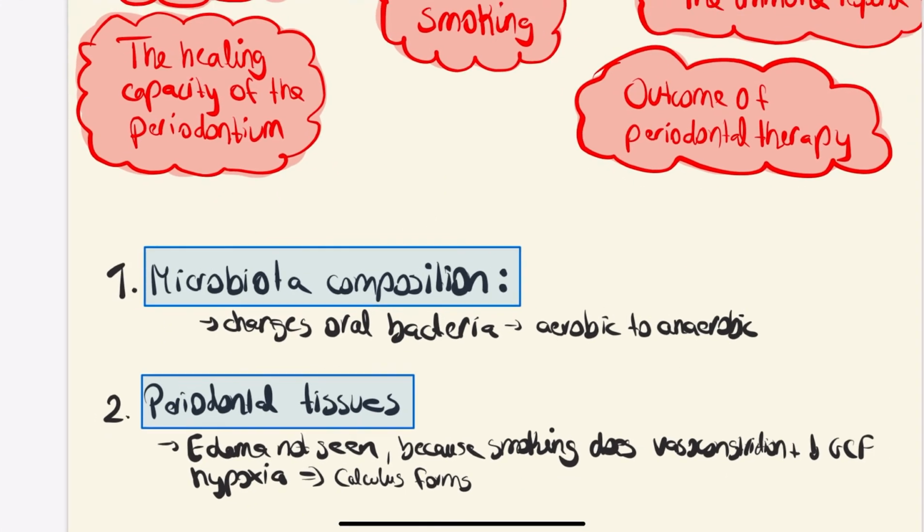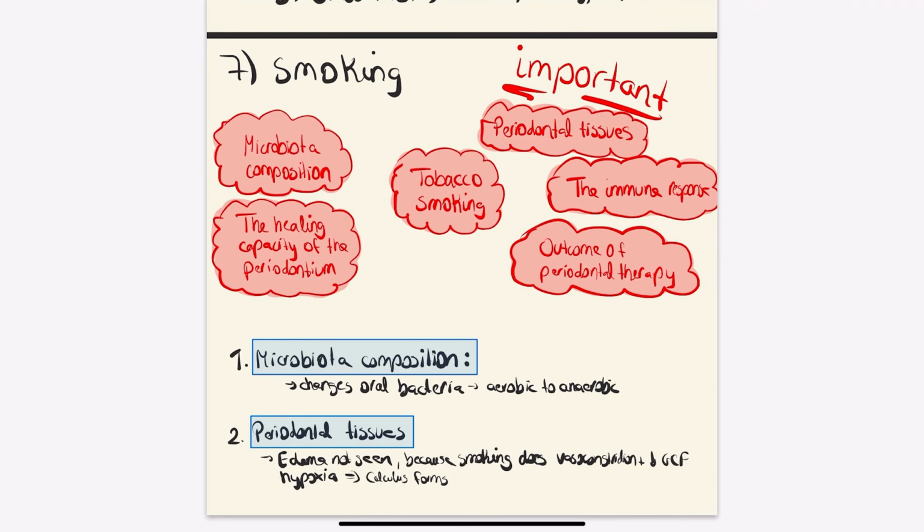So the microbiota composition is, smokers do have a change of oral bacteria from aerobic to anaerobic.